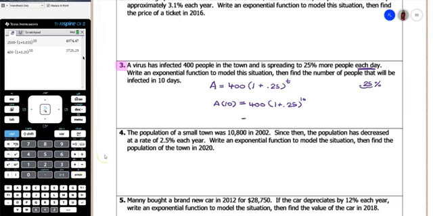And so we get in 10 days time, that original 400 people that were infected will now be 3,725 people. Remember when we're talking about people, we don't put those decimals in there, we round down to the nearest whole number. So we have 3,725, and we leave that decimal out of there because we don't need it.